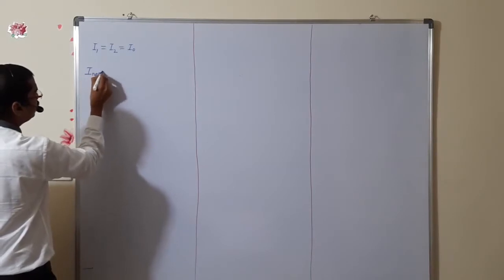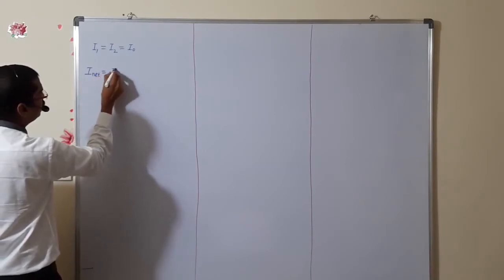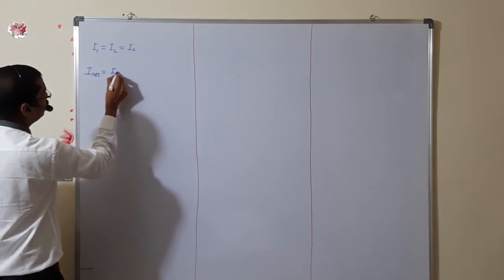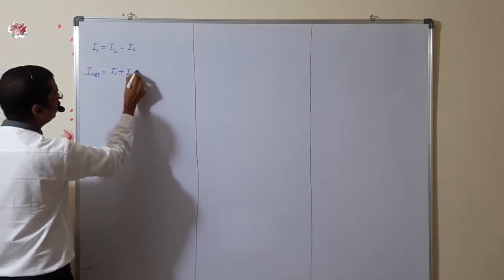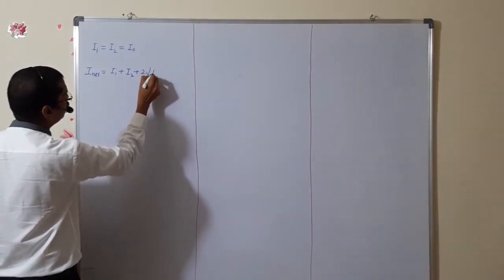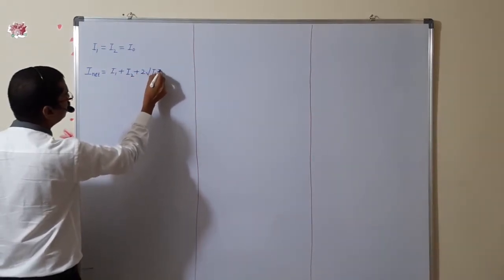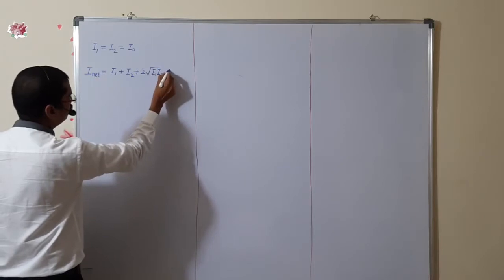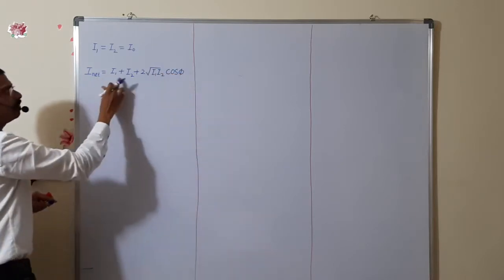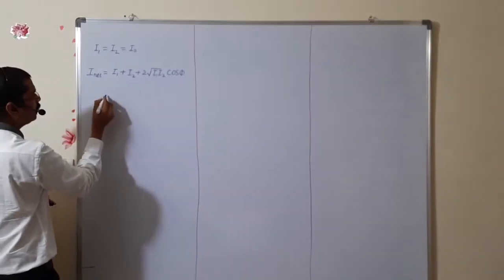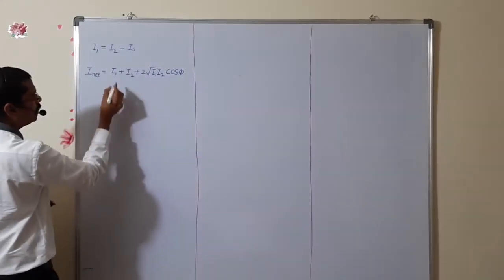I net is equal to, we can write, I1 plus I2 plus 2 root I1 I2 cos phi. Then the I1 and I2 values are identical, so I am taking them like that.